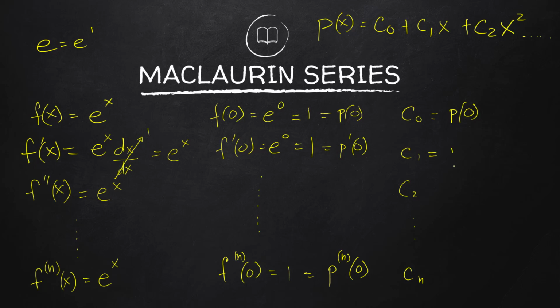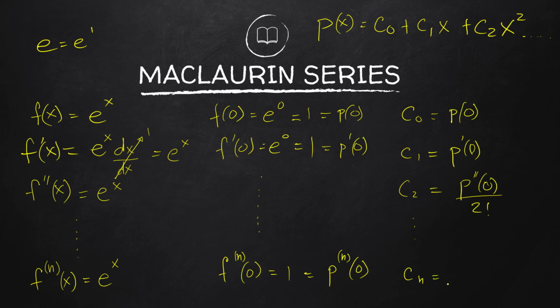c sub 1 is P prime of 0 divided by 1 factorial, or leave it as is. Your c sub 2 is equal to the second derivative of the approximating function evaluated at 0 divided by 2 factorial.